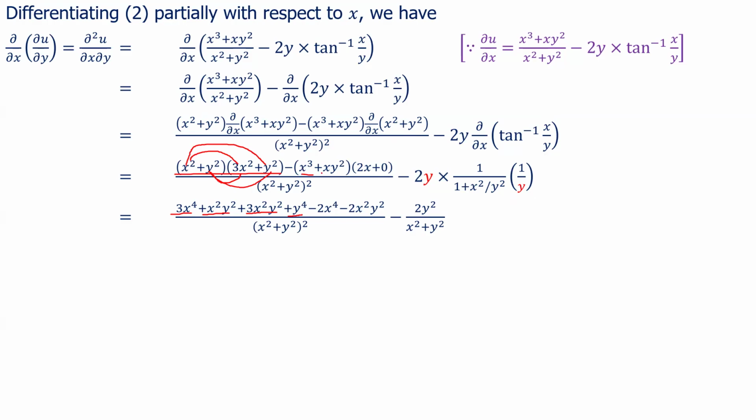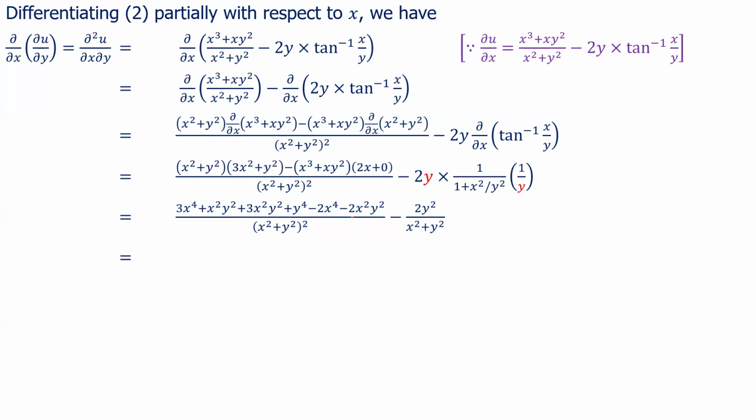So 3x cube into 2x is 2x to the power 4, and it is minus 2x to the power 4, minus 2x square y square, and whole divided by (x square plus y square) whole square. In the same thing over here, if we take the LCM of this one, it is y square. So x square plus y square, and y square goes divided by y square. So y square goes to the numerator. It is 2y square upon x square plus y square.